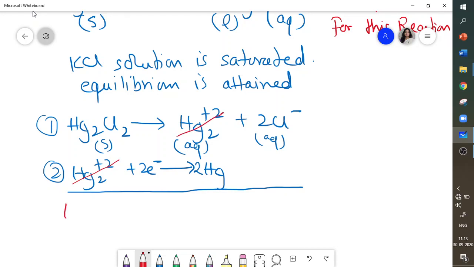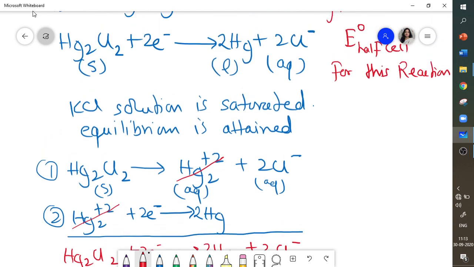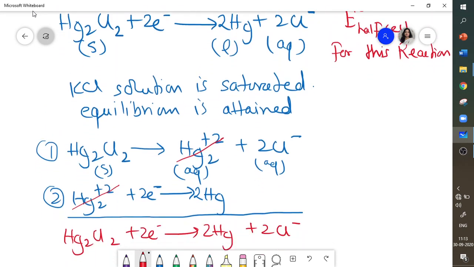So what we get is Hg2Cl2 plus 2 electrons to give 2 Hg plus 2 chloride ion. This equation is the same as the above equation. Both the equations are the same.